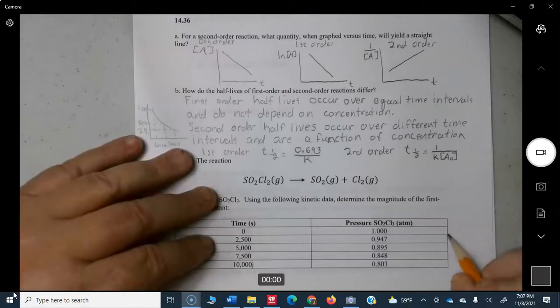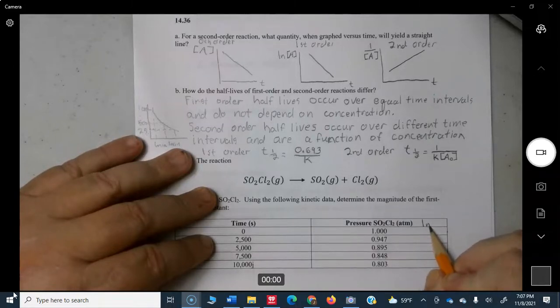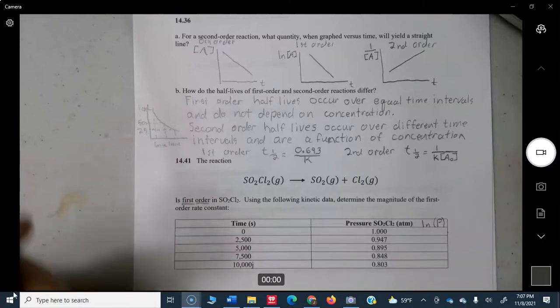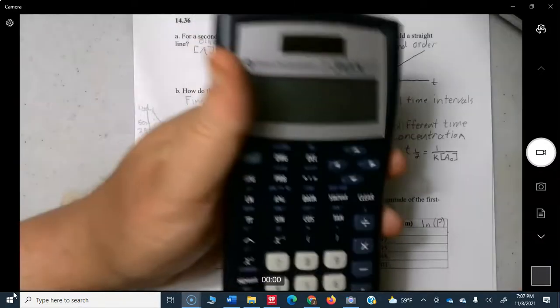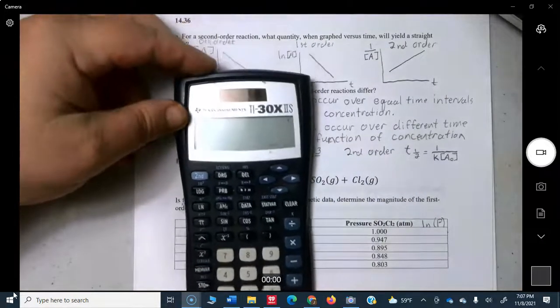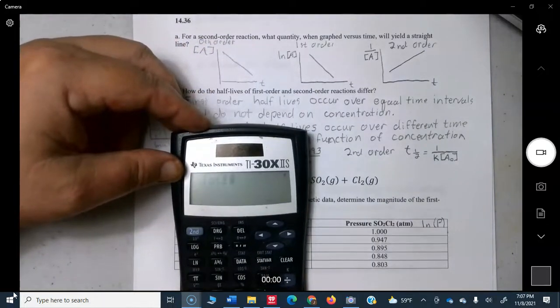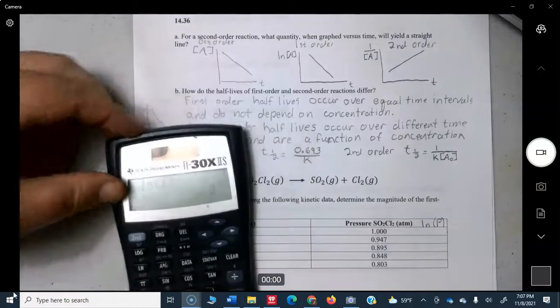So we're going to take the natural log of each of these. I'm going to write that right over here: the ln of the pressure. I'll do those very quickly. I'll just show you the very first one. Natural log of 1 gives us 0.